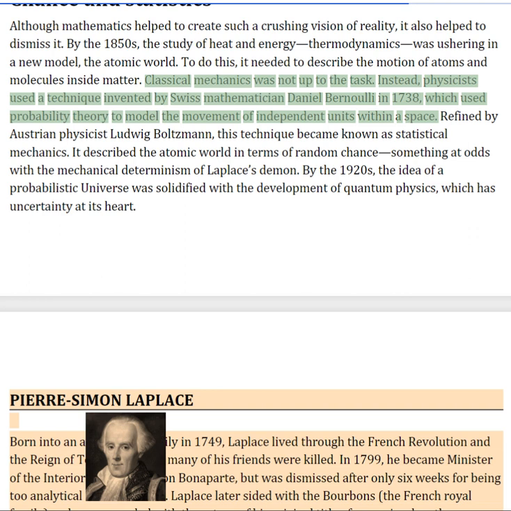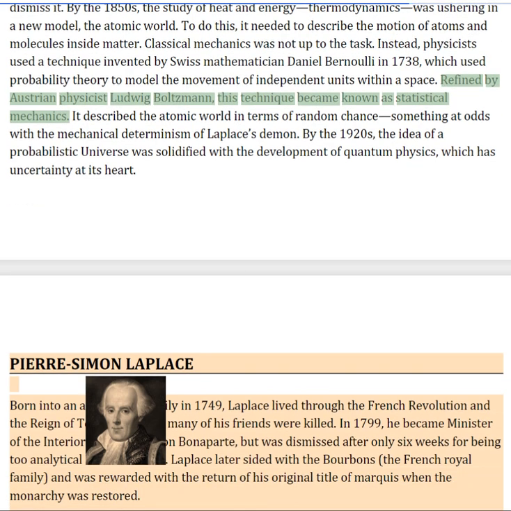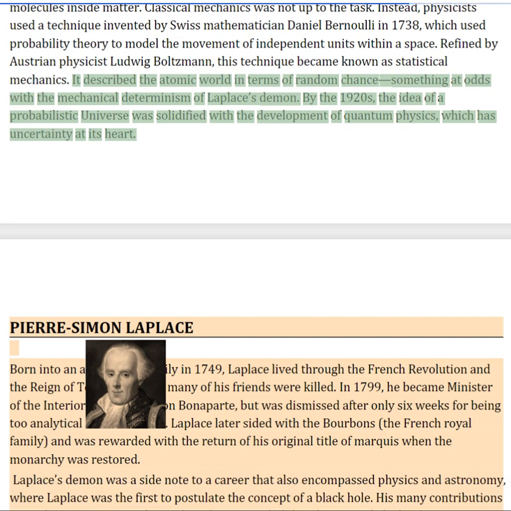Instead, physicists used a technique invented by Swiss mathematician Daniel Bernoulli in 1738, which used probability theory to model the movement of independent units within a space. Refined by Austrian physicist Ludwig Boltzmann, this technique became known as statistical mechanics. It described the atomic world in terms of random chance, something at odds with the mechanical determinism of Laplace's demon.